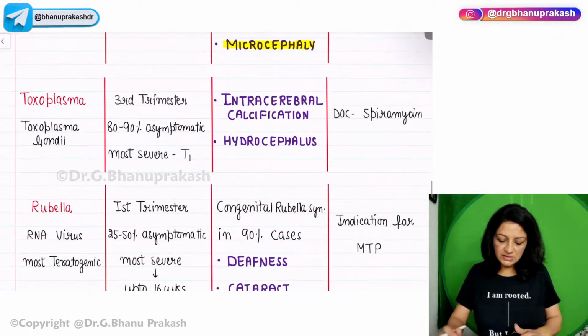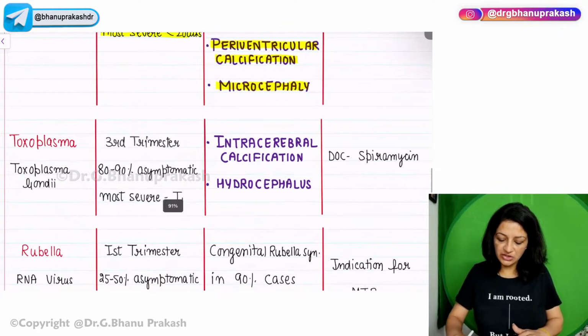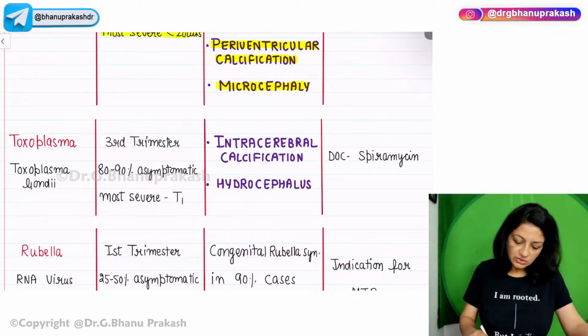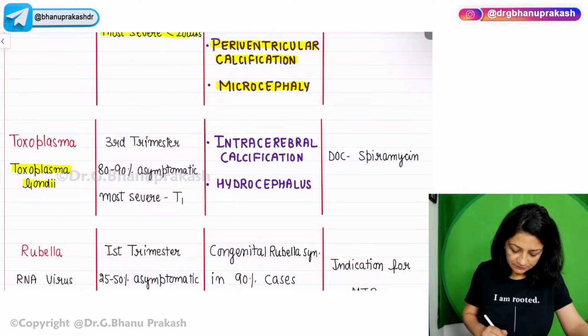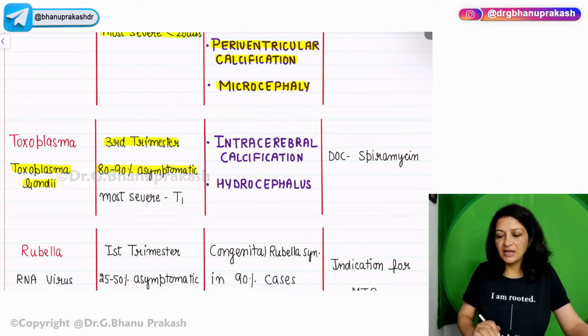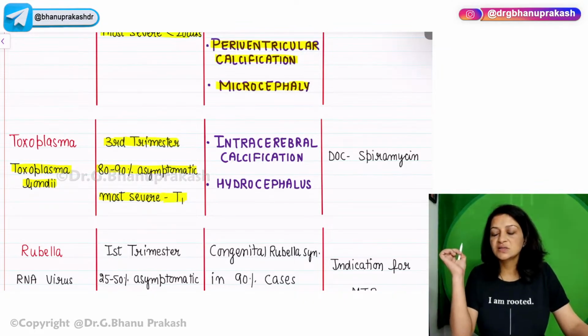So next one is toxoplasma. The causative agent is Toxoplasma gondii. Maximum risk in third trimester. 80 to 90% cases are asymptomatic. Most severe infection occurs in first trimester.